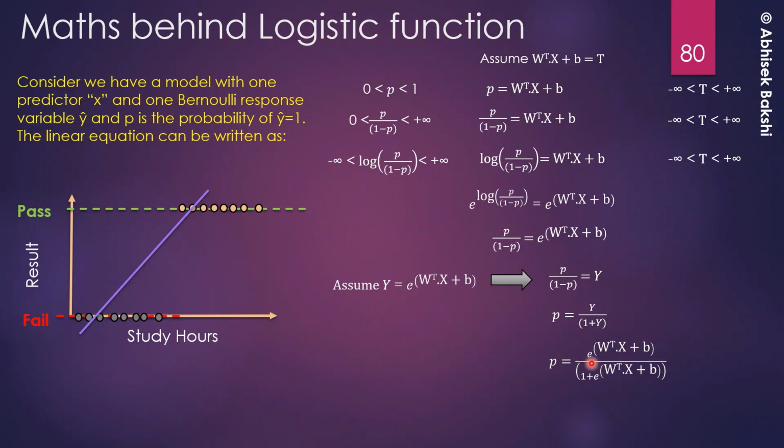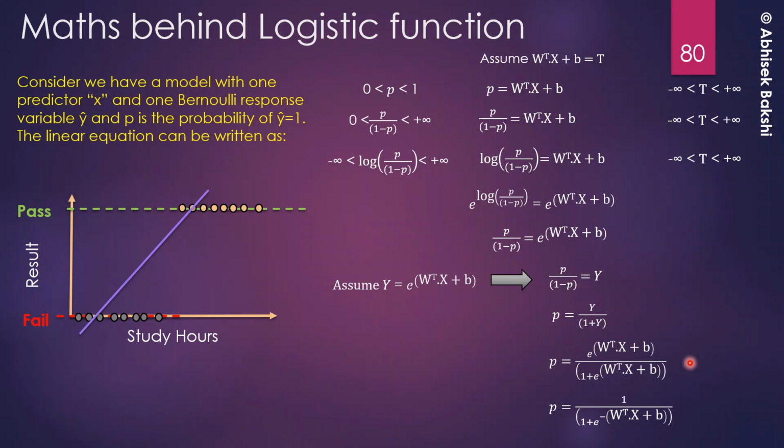The numerator will become 1 and the denominator will be 1 plus e to the power minus (w transpose x plus b), something like this.